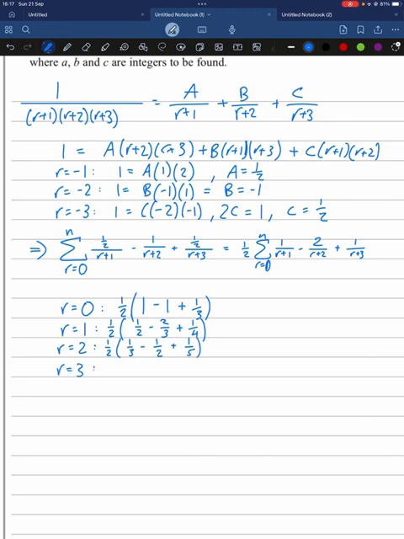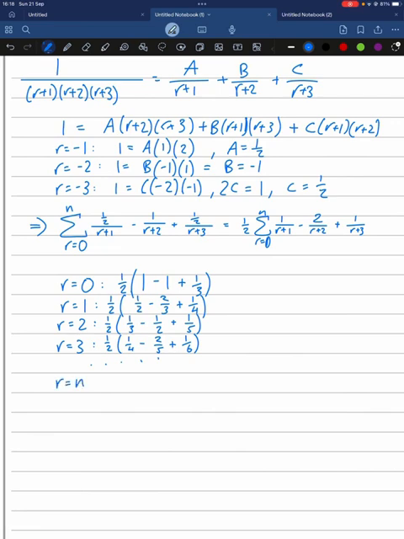When r is 3, we'll get a half into a quarter minus 2/5 plus 1 over 6, dot dot dot. Now, because we're going up to n, we'll do r equals n minus 1. So we'll get a half into 1 over n minus 1 plus 1, which is 1 over n, minus 2 over n plus 1, plus 1 over n plus 2. When r is equal to n, we'll get a half into 1 over n plus 1, minus 2 over n plus 2, plus 1 over n plus 3.